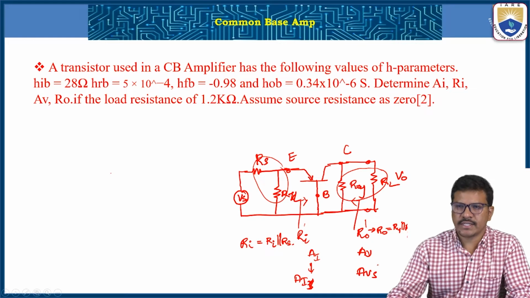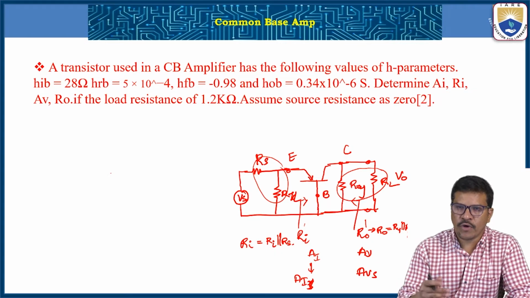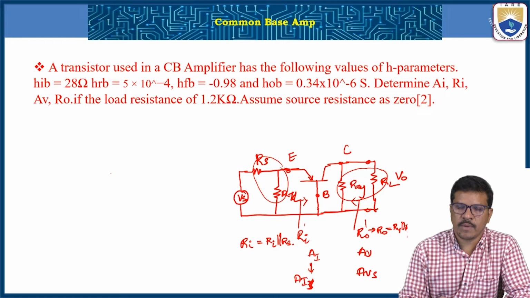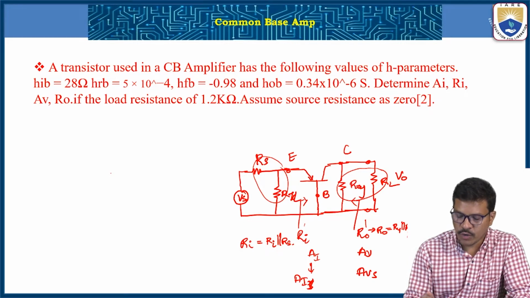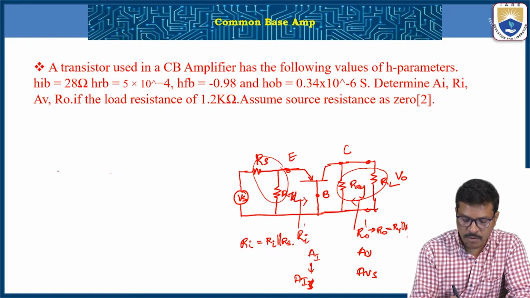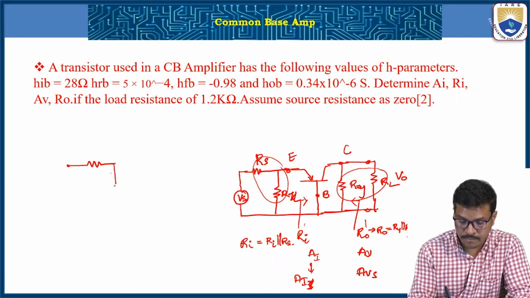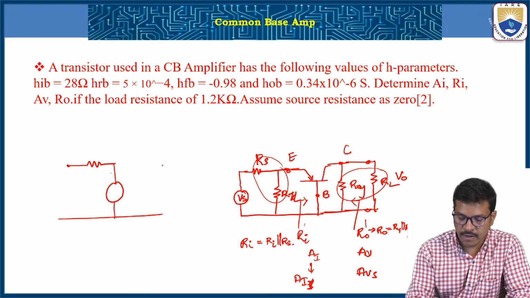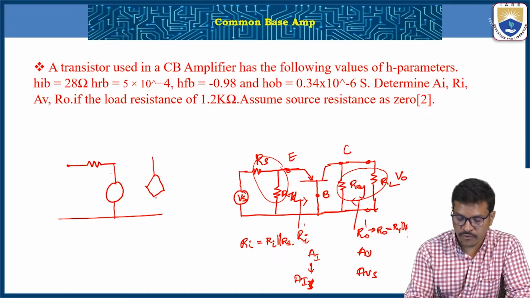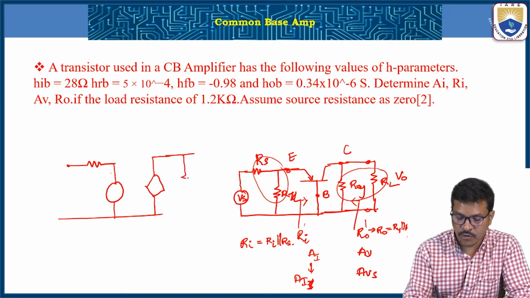Anyway, first let us see what is H parameter, how to find out this problem in a common base amplifier. So we need to convert that diagram into H parameter model. We know that simple H parameter model for the transistor. Input is like a KVL, output is like KCL, Kirchhoff current law and Kirchhoff voltage law, which is followed in that one.